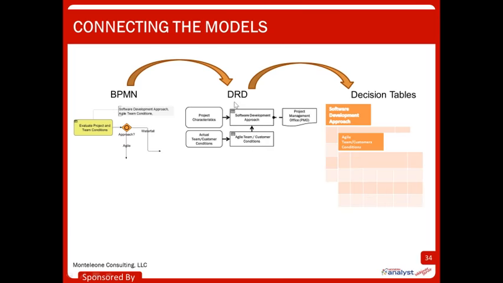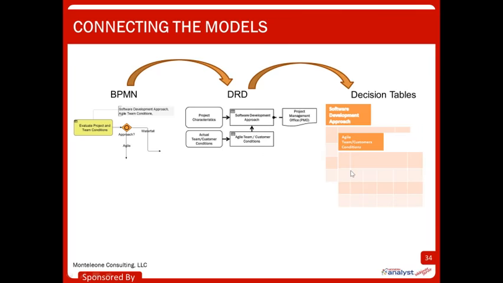That's going to flow to our decision requirements diagram. And each of these rectangles, each of these decisions, are going to be supported by a decision table. And you'll see there's two of them here: software development approach, and the one that feeds into it, the Agile team and customer conditions.